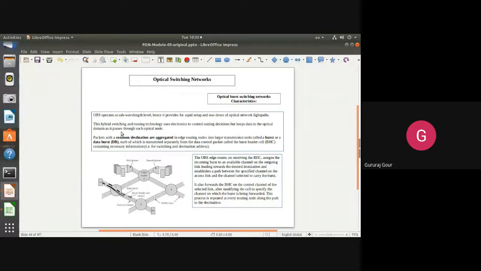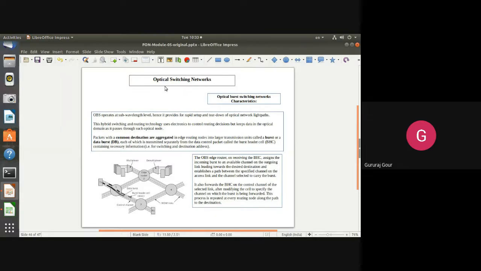Hence it is also known as a hybrid switching and routing technology. Here you can see it uses electronic hardware to control the routing decisions, but keeps the data in the optical domain as it passes through each node. Till now the hardware was not used for controlling routing decisions, but here it is going to be used.